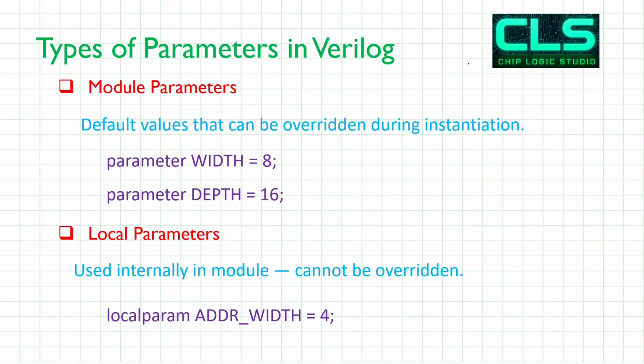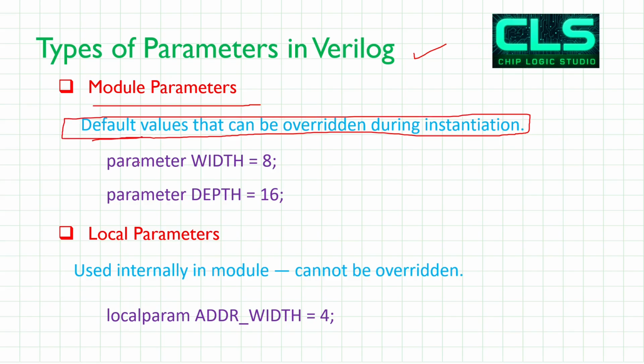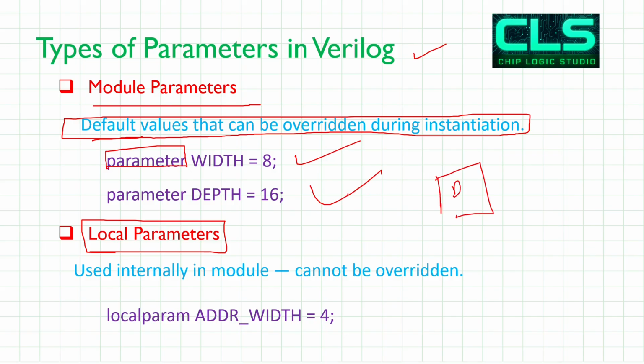Now, types of parameters in Verilog. I haven't yet explained how to change the values; after this we will change the values of the parameters. So, module parameters are default values that can be overridden during instantiation. We use the parameter keyword, and we can change this parameter with the help of the test bench. But for a local parameter, for example inside your design, the designer wants that you should not be able to change the parameter with the test bench.